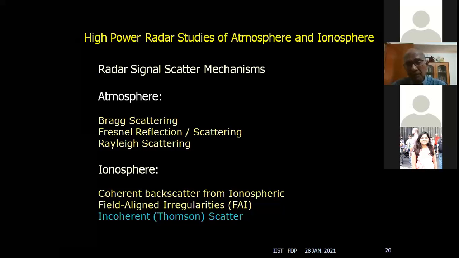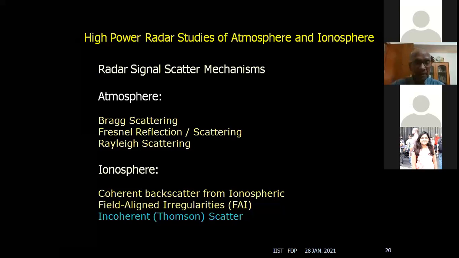And the backscattering is actually a turbulent backscatter. I will tell you why it is called backscattering. And the third is a different kind of thing. This is Rayleigh scattering, which is from individual particles, and that's used to detect hydrometeors, that is, the raindrops.